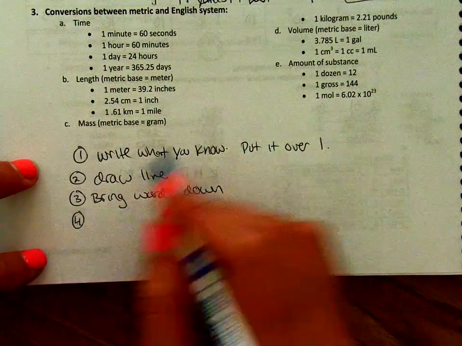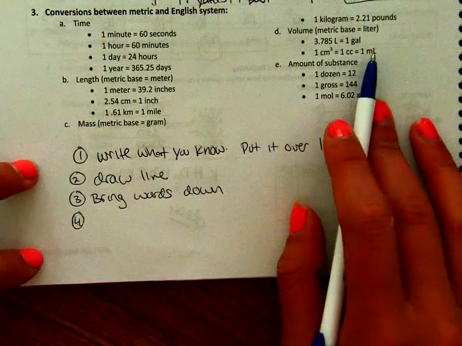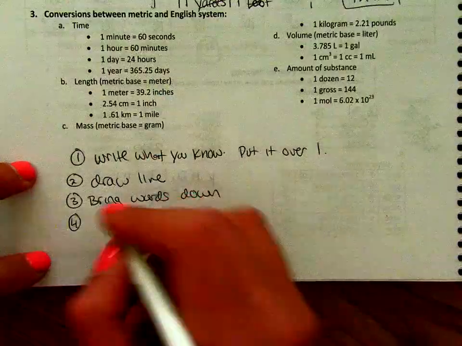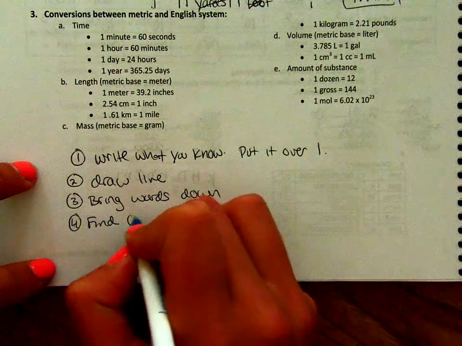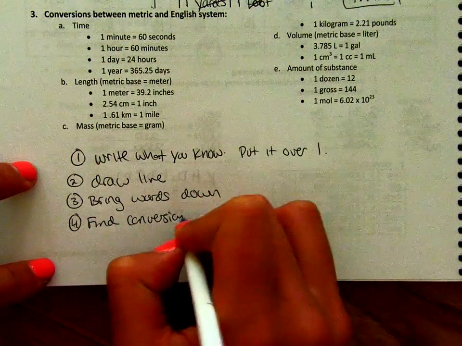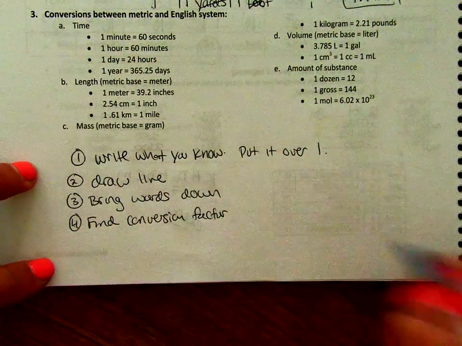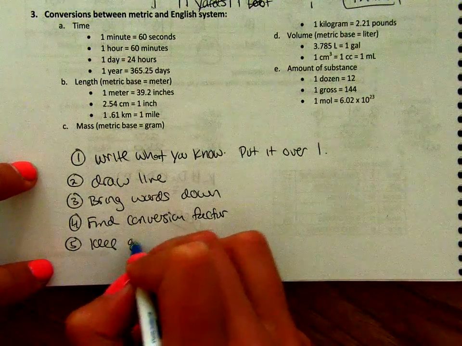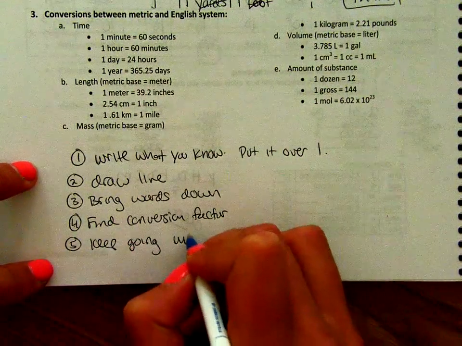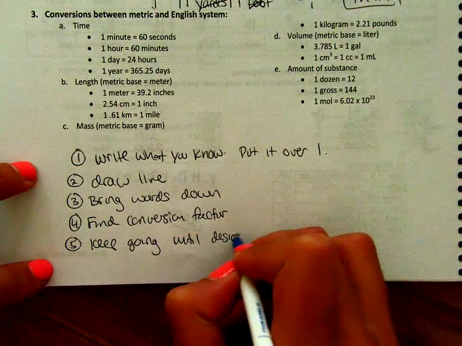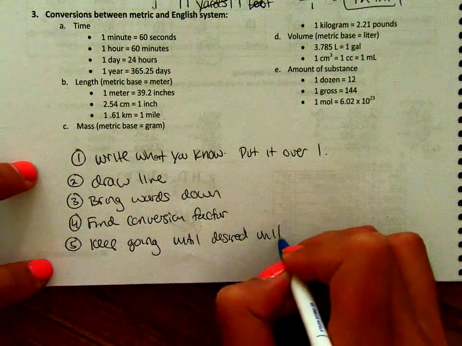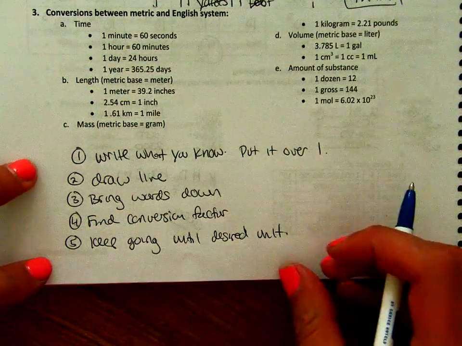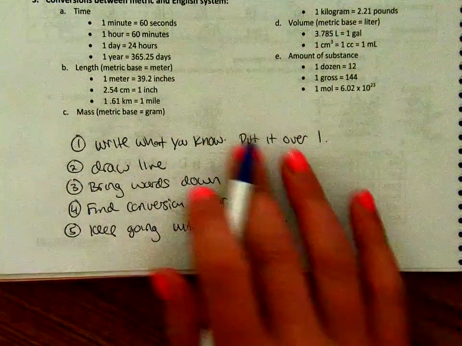Step 4, this is when you have to use all of this information right here and your brain, to find a conversion factor. And then step 5, you're going to keep going until your desired unit. Okay? That's kind of the step on how to get there.